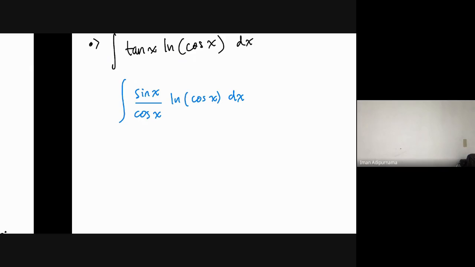But if you differentiate ln cosine x using the chain rule, ln becomes 1 over cos, and then the cos becomes minus sine, which, when you substitute for dx, will cancel this part, right? Get the idea?